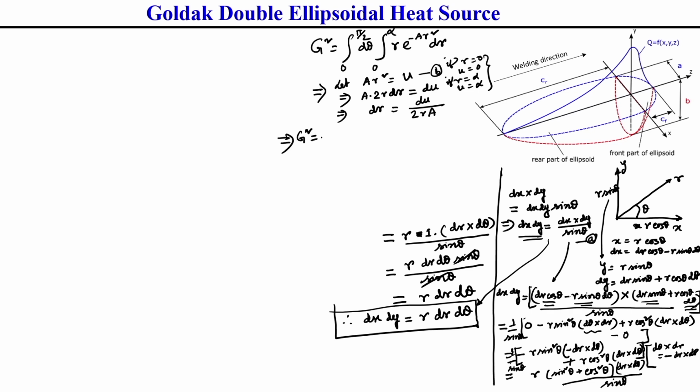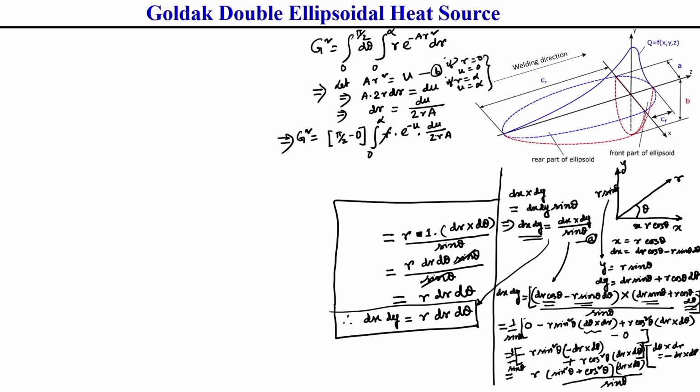G square you can write as the integration of this, which will be theta. Here, if it is theta, then it will be pi by 2 minus 0, and the other integration will be 0 to infinity, r e to the power minus u, and dr is du by 2 r a.